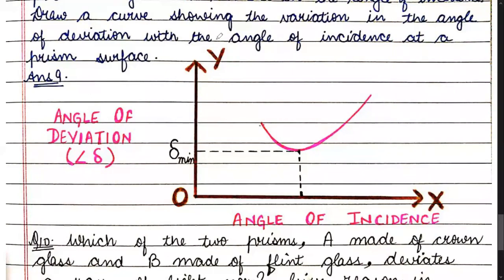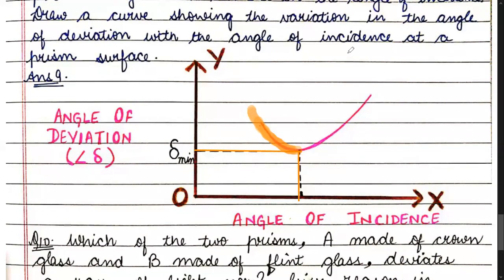So as done earlier also, angle of deviation decreases with increase in angle of incidence. So first of all, the angle of deviation is decreasing. Angle of deviation decreases with increase of angle of incidence, and this occurs till you reach a point which is known as angle of minimum deviation.